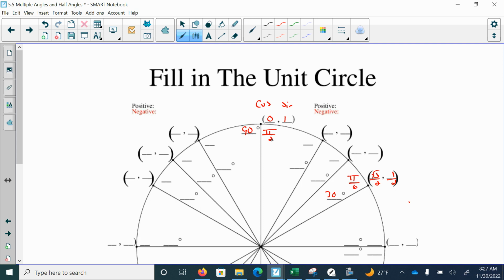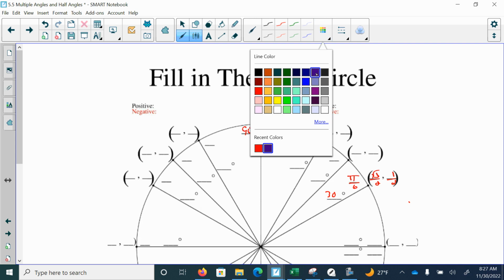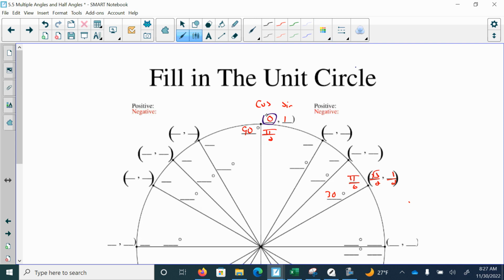If I want to find half that angle, so 45 degrees, I can't just take this cosine, which is 0, and cut it in half and get 0. That doesn't make sense because we should know at 45 degrees, or pi over 4, the ordered pair is the square root of 2 over 2. So I can't just multiply the angles or double the values of the angles. I have to actually use these formulas.